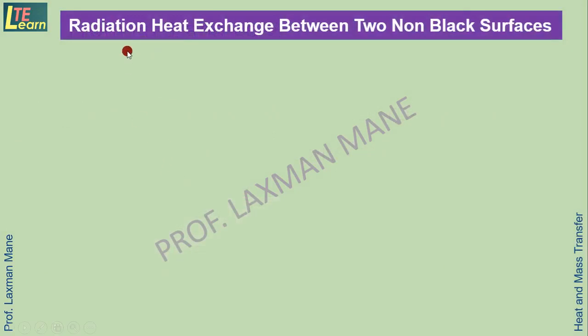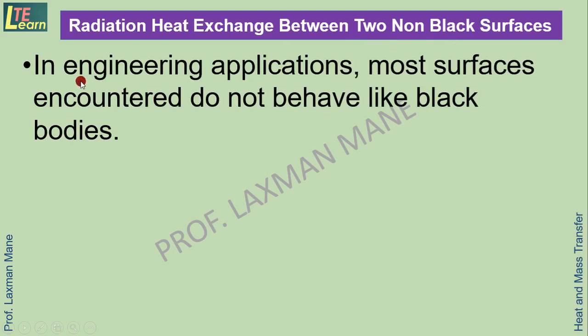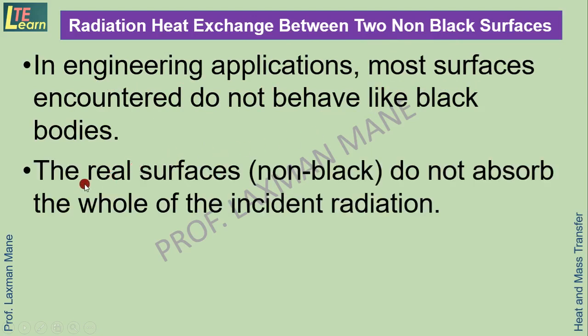Now the second subtopic of this video session is radiation heat exchange between two non-black surfaces. In engineering applications, most surfaces encountered do not behave like black bodies. Means these are real surfaces which do not absorb the whole of the incident radiation.